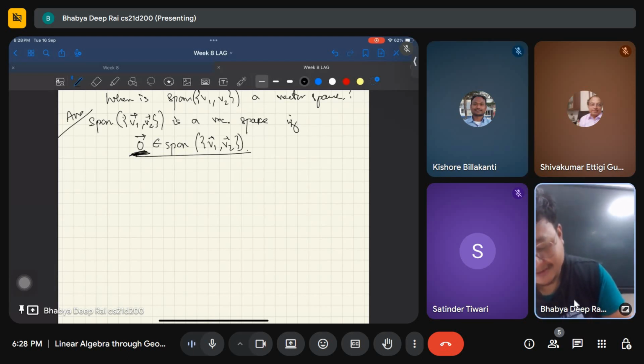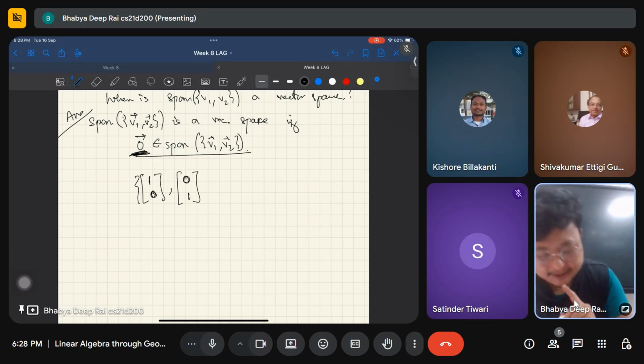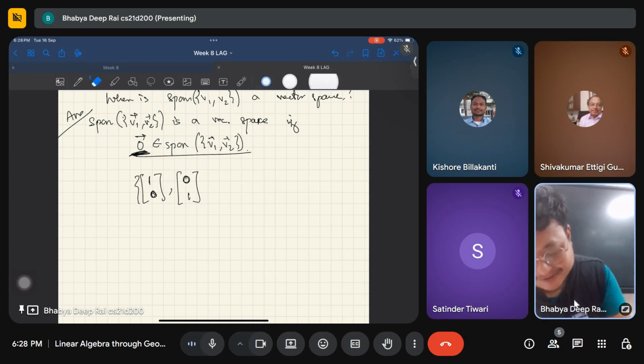For example, take the set (1, 0) and (0, 1). No, this is not a vector space.